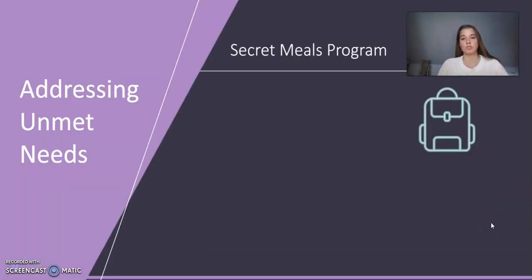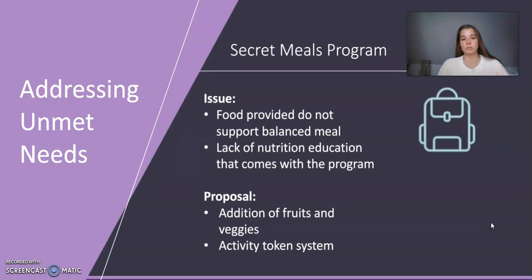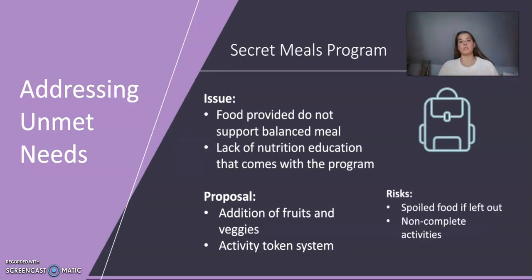So some solutions to these issues would be to help the Secret Meals program. So the issue that was found was that food provided does not support a balanced meal for students, and they lack nutrition education that comes with the program. So I would suggest that we add fruits and vegetables to the backpacks.